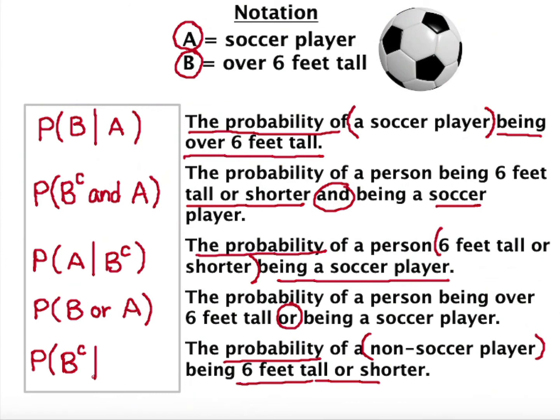Given that I've narrowed it down to non-soccer players, which is the complement of being a soccer player. Again, sometimes this notation is really going to help you understand what you need to do to find those calculations. And sometimes you'll be able to figure them out just sort of using common sense and thinking about how one affects the other.